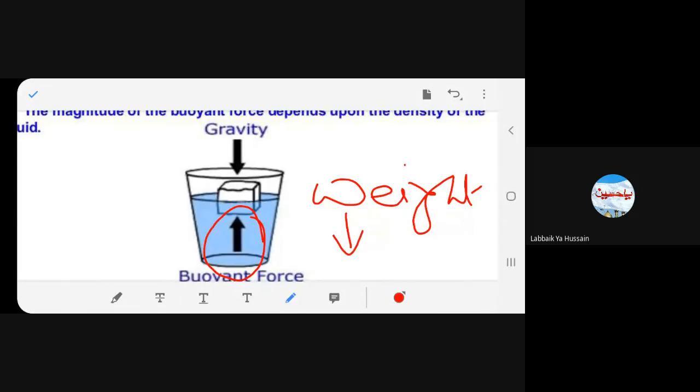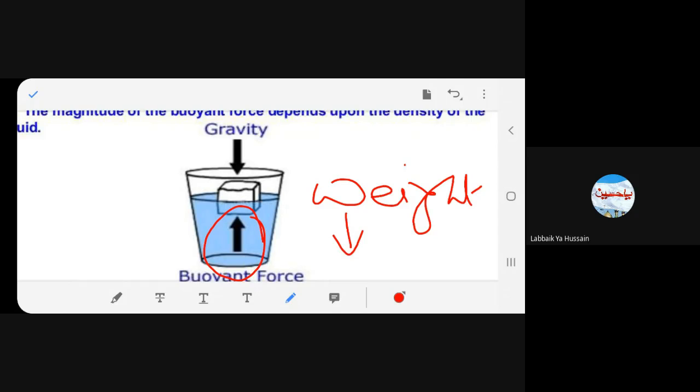Have you observed this? Two forces are acting on an object when it is immersed in the fluid. What is that? One is the weight due to gravity, that is downward. And the buoyant force by the liquid to the object is upward, the upward thrust, that is called buoyant force. So two forces act on an object when it is immersed in a liquid.